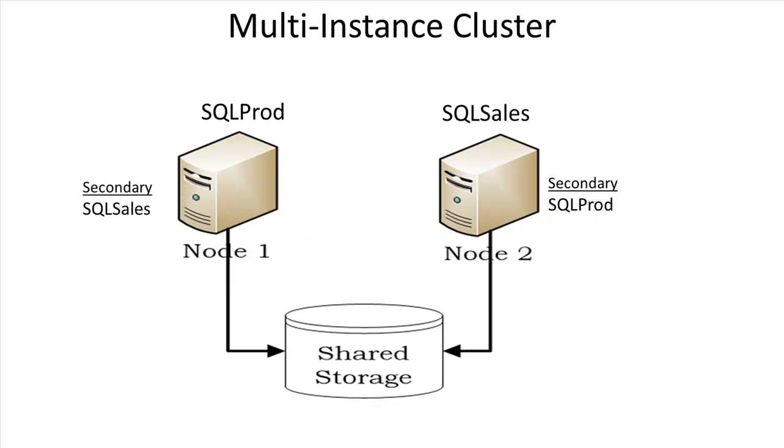What if you had two critical SQL servers that both needed the protection of clustering? Do you need two clusters, one for each server? Or can you have two SQL instances on one cluster? As part of clustering, we hear a concept called Multi-Instance Cluster. This terminology is used to describe a deployment where we have multiple instances of SQL Server installed on each machine participating inside a cluster configuration.